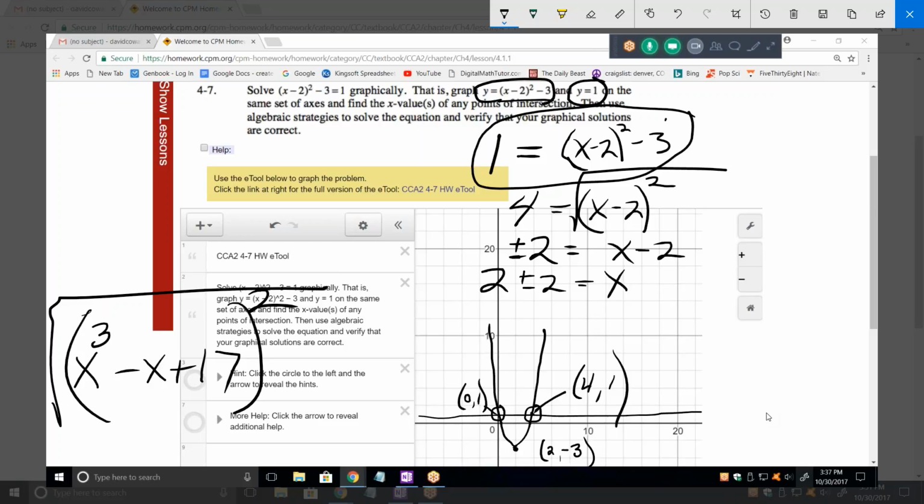So there's my x value. Actually, there's two answers there. What are they? X equals what? X equals negative. No, the first answer is when you use the plus. The second answer is when you use the minus.